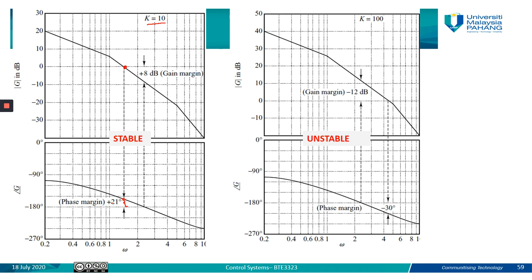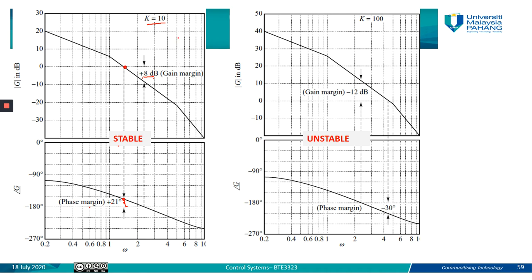The phase margin is plus 21, and the gain margin in this case will be positive 8, because it is actually negative 8 here, but it will be the negative of negative 8, so it will give you positive 8 dB. This is in the case of K equal to 10. So the gain margin is positive, the phase margin is positive, so your system is stable.